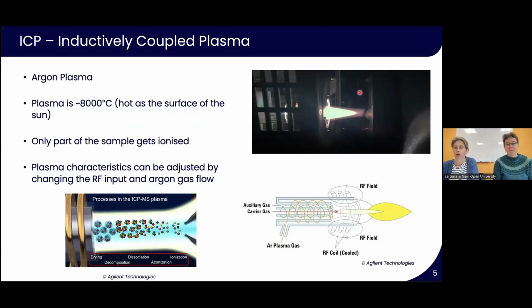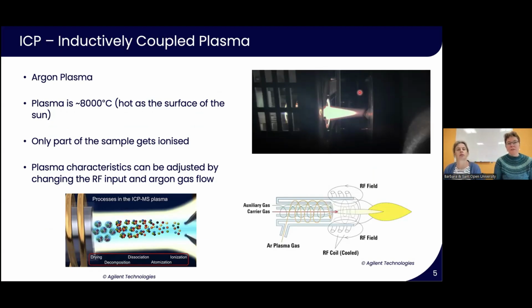We spoke a bit already about the plasma, and it is part of the name. ICP is inductively coupled plasma. What is a plasma? A plasma is a state of matter, a bit like solid, liquid and gas form. We use this in order to ionize our particles that come from either the laser or the nebulizer.